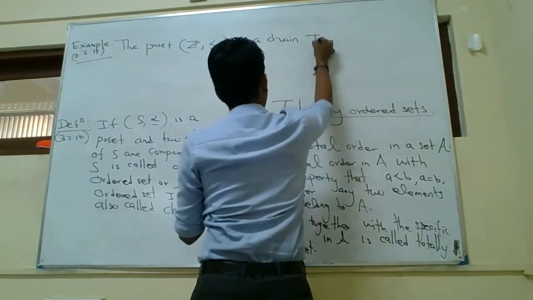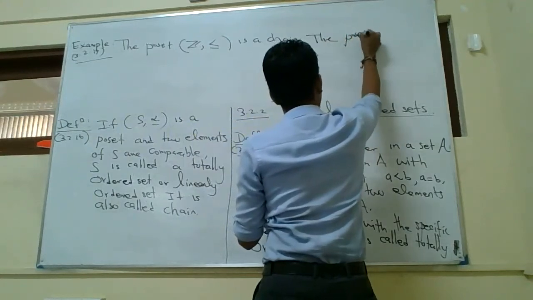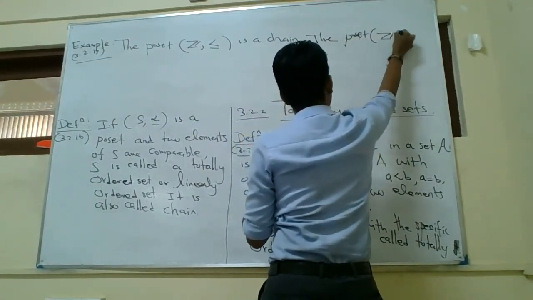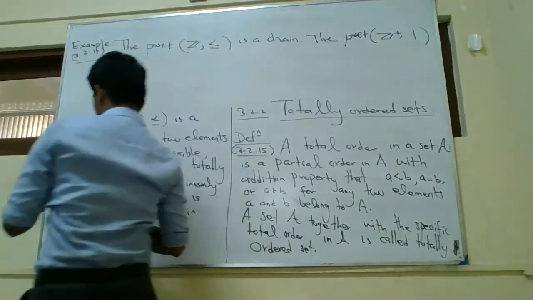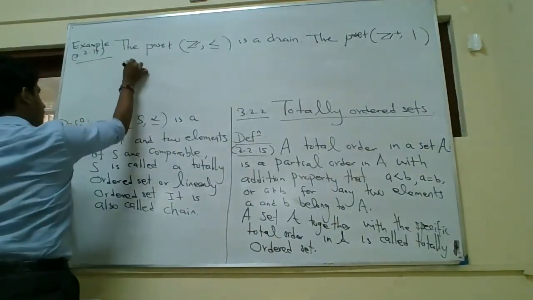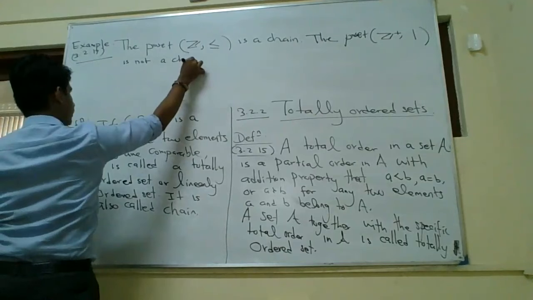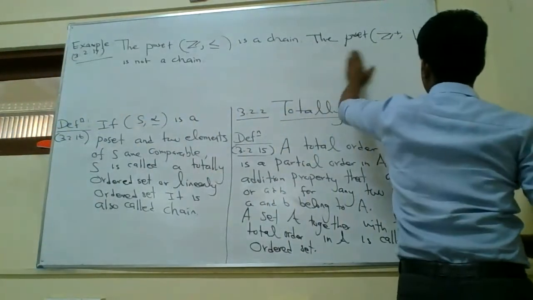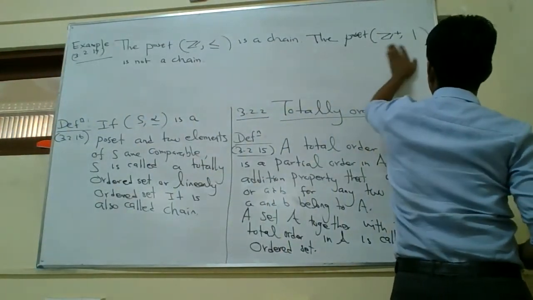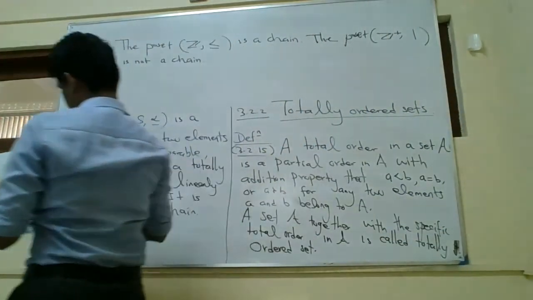The poset on positive integers with divisibility is not a chain. We already did some examples: in this case two elements are not comparable, in the other case they are comparable.